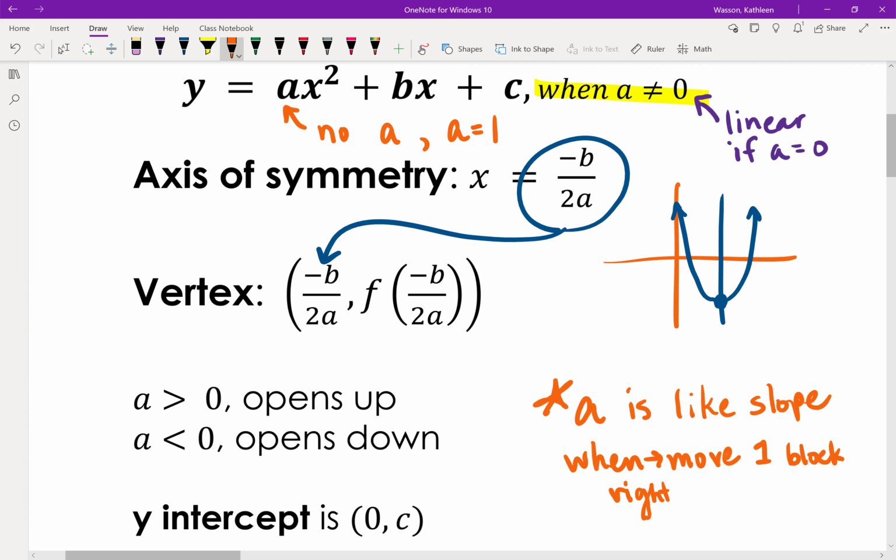So it's not like slope very long. But you can use that information to find additional points to graph.